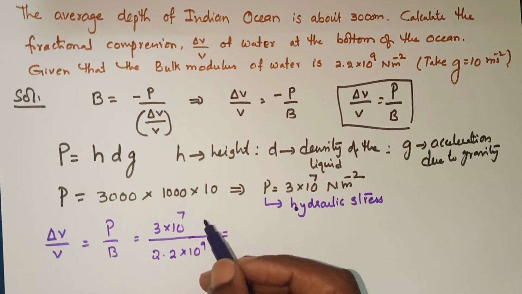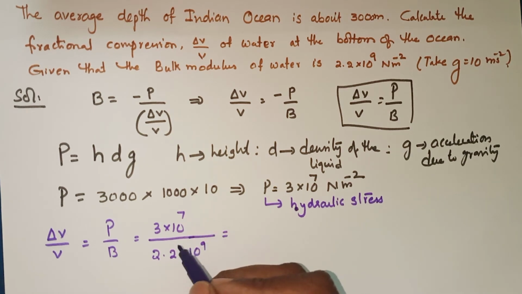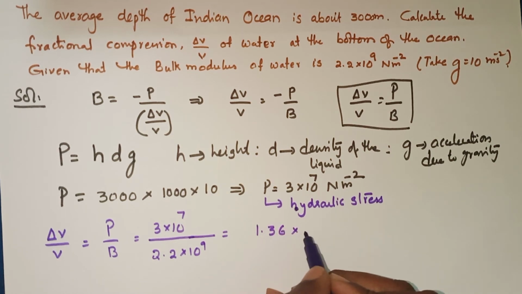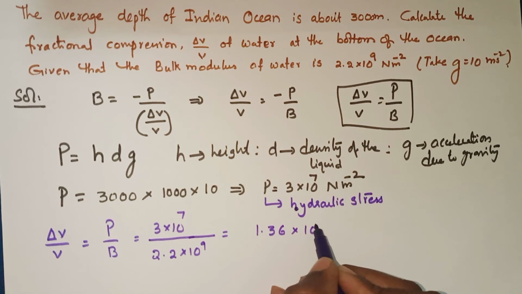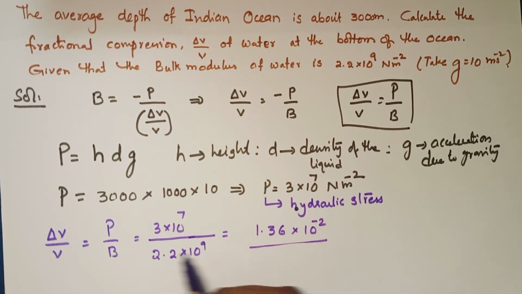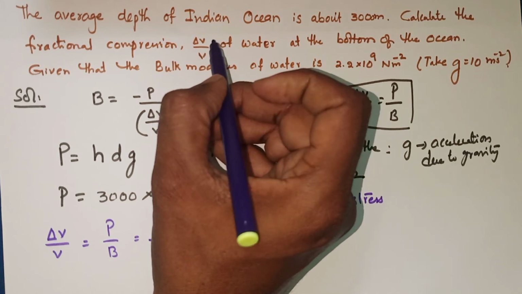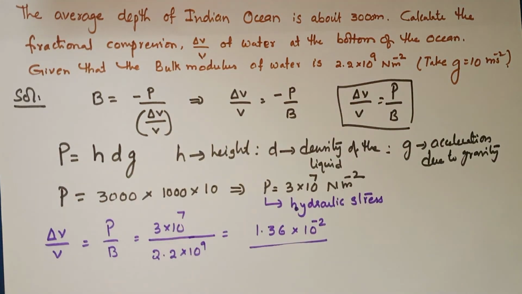So you will get 10 power minus 2, and 3 by 2.2 is approximately 1.36 into 10 power minus 2, no units, because it is volume by volume. This is a fractional compression. Compression means delta V can be negative because the changed value is less than the original value.